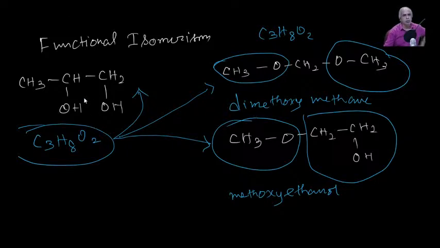Here the functional group is the hydroxy group, that is 2-hydroxy group, that is diol, whereas here it is dimethoxy, that is the ethereal part. So here one ether, one hydroxyl group. This is a wonderful example displaying functional isomerism. Okay, please note down.